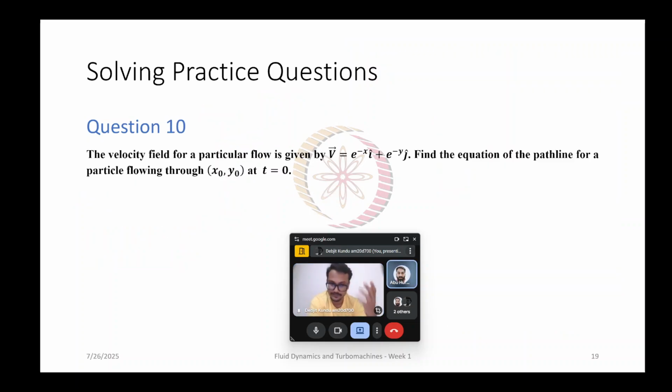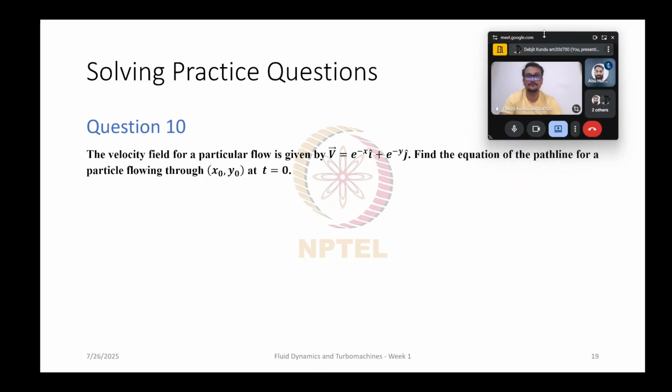Okay, so this last one will give you a feel of what I was talking about. The velocity field is given by this equation, where velocity v is equal to e power minus x i cap plus e power minus y j cap.